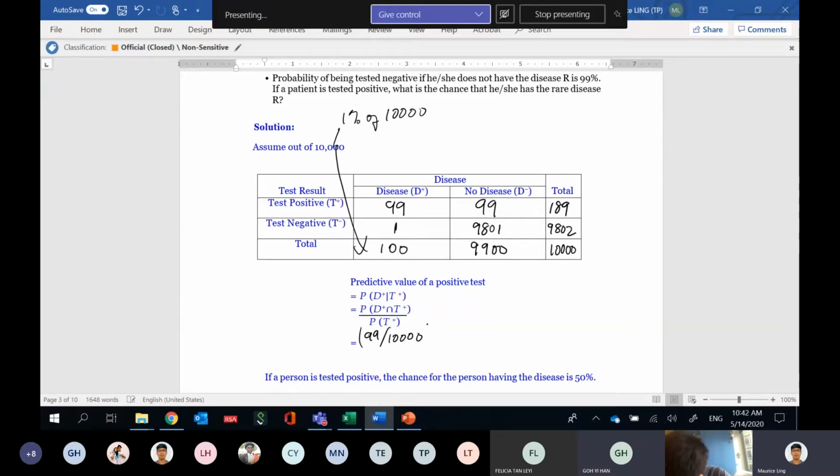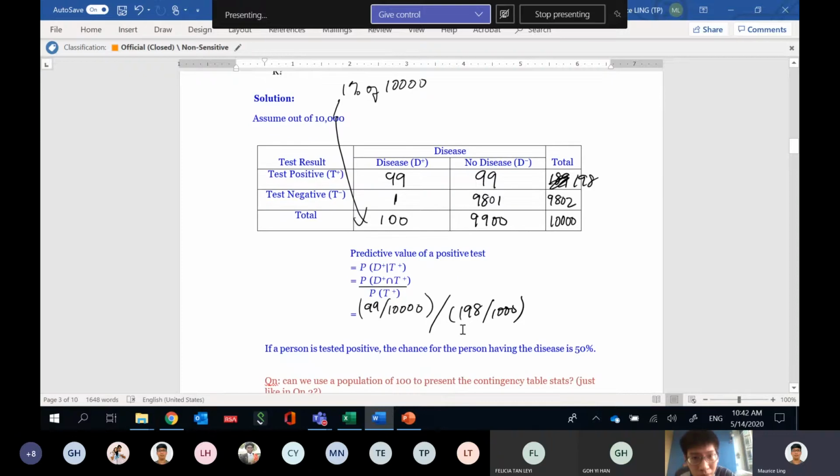Then positive. 189 divided by 10,000. No, this one is 198. Oh, 198. Yeah. 198 divided by 10,000. Correct. So you end up with 50%. So far, so good.